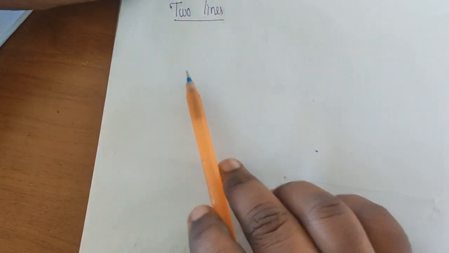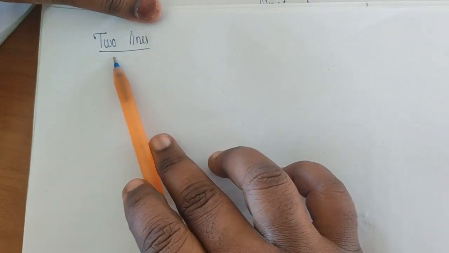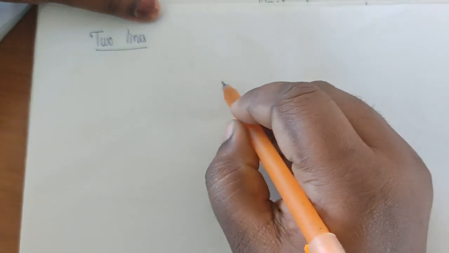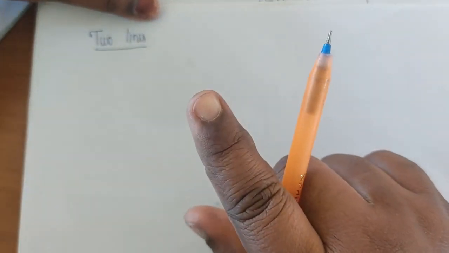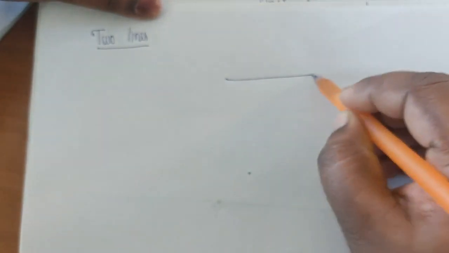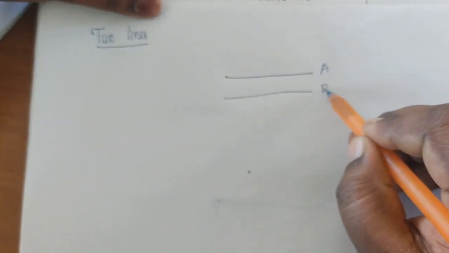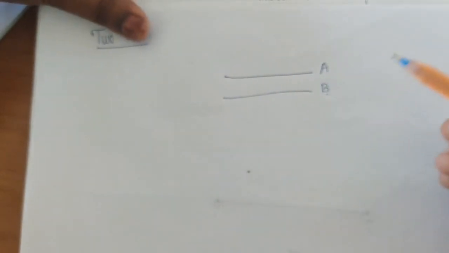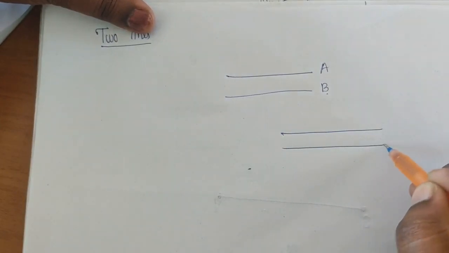Next, two lines. Okay students, look at me. I have two lines. The first line's name is A. The second line's name is B. First we draw a pair.